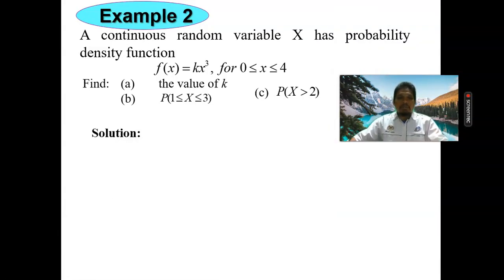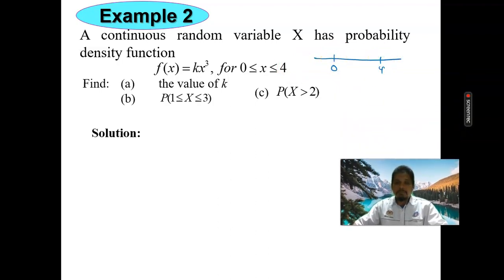A continuous random variable x has probability density function given that fx equal to k times x cubed, okay, where the domain of x is from 0 until 4. So class, this is the domain from 0 until 4.